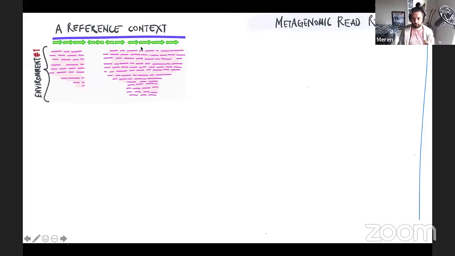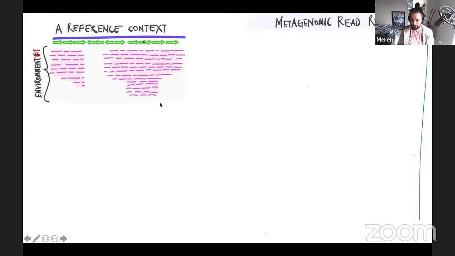So read recruitment will tell us, based on this phenomenon we see here, that these are not like the rest of these genes. Or, for instance, this could be a prophage in the genome, a virus in the genome that is being expressed. So there are phage sequences in the genome, and there are phage particles carrying this sequence in them. When you extract DNA and recruit reads, maybe you will see that kind of thing.